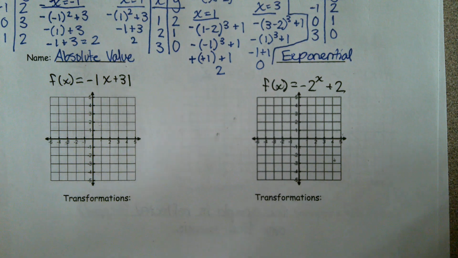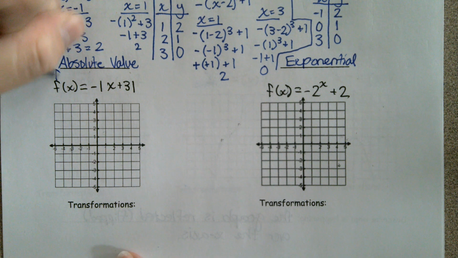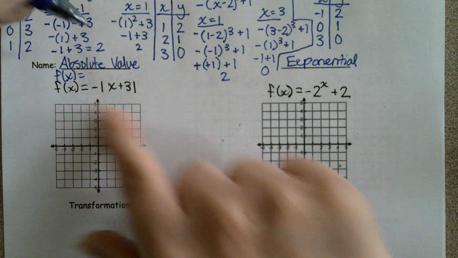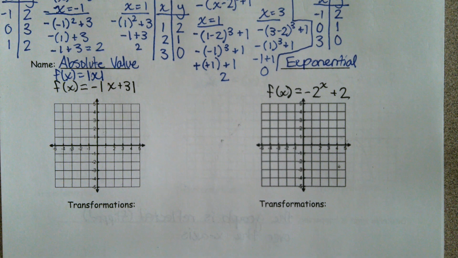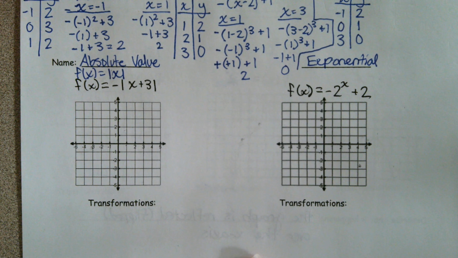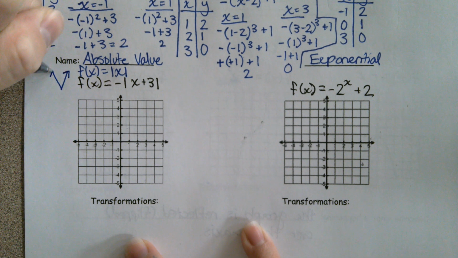So before we start graphing, we need to identify the parent graph. So we have f of x equals, if we take away the transformations, the absolute value of x. And this has a V shape. Remember, V for value.